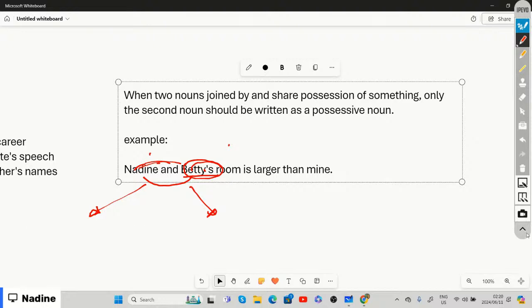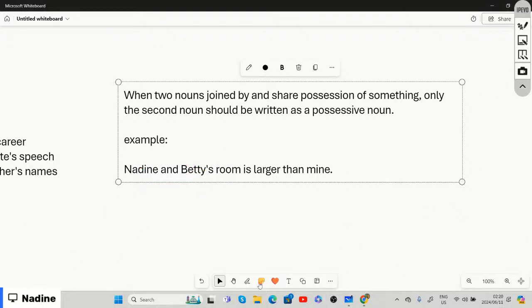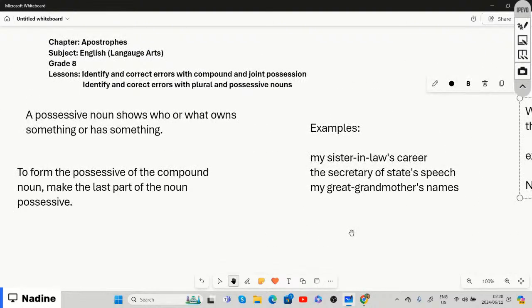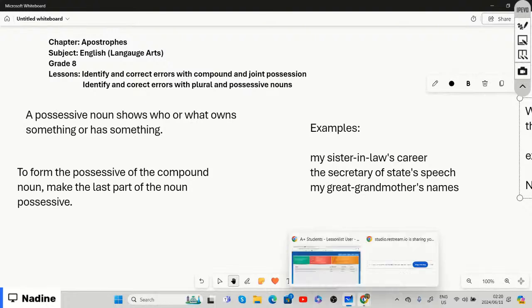All right. So now we're going to aplusstudents.ca, where we are going to continue with our lesson on apostrophes. We are going to identify and correct errors with compound and joint possession, as well as with plural and possessive nouns.